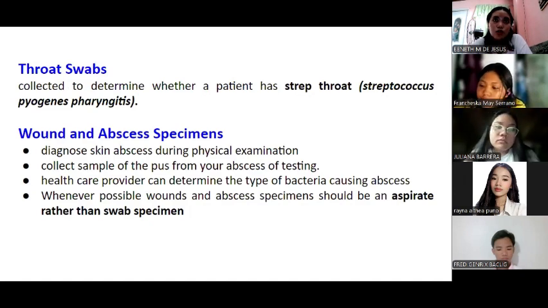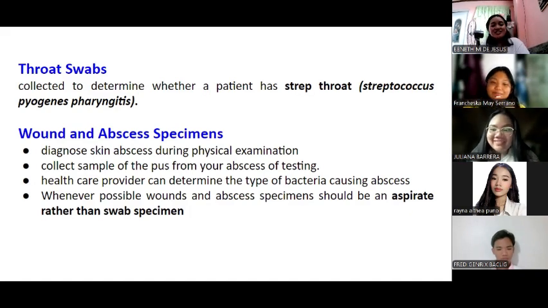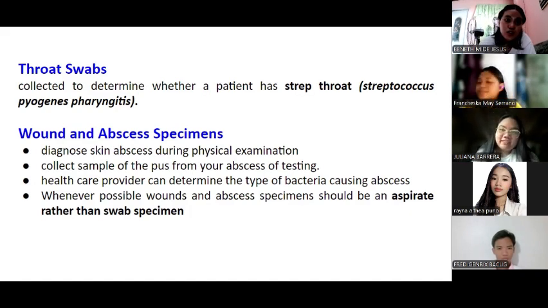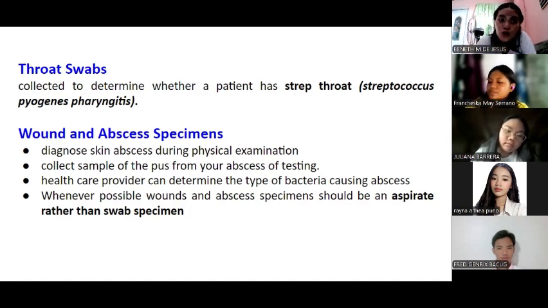Kaya ito yung ginagawa, yung swab test, ayan, para ma-determine kung may sakit pa, like yung COVID nga, para ma-determine kung may COVID-19 ba yung tao.